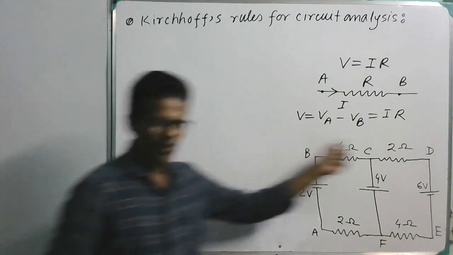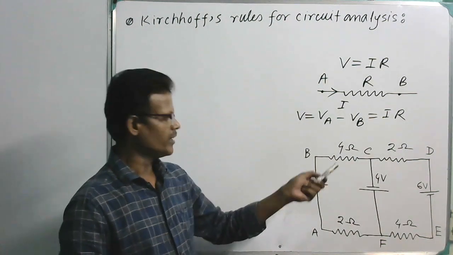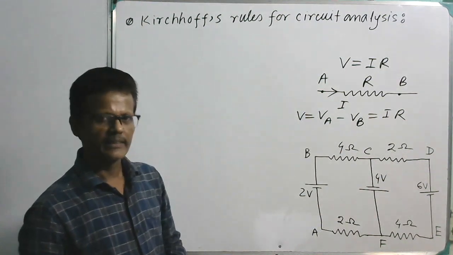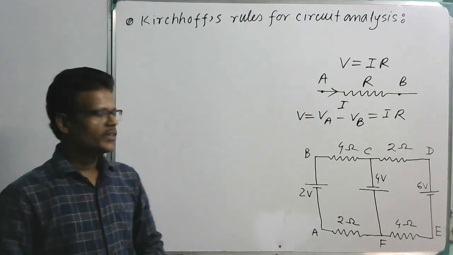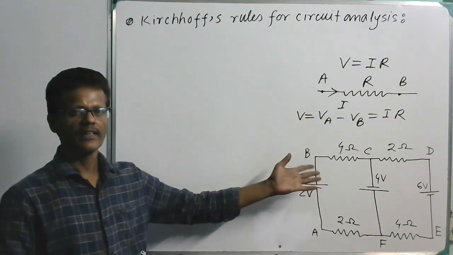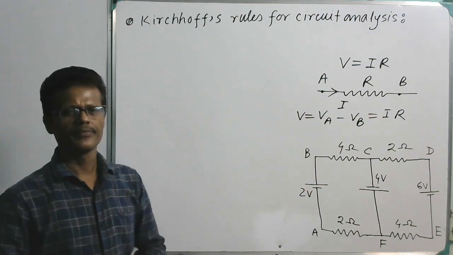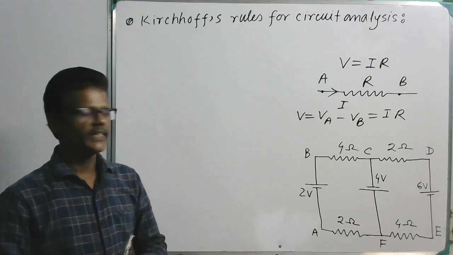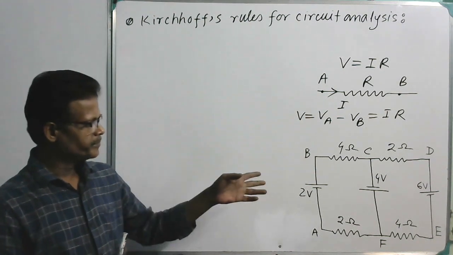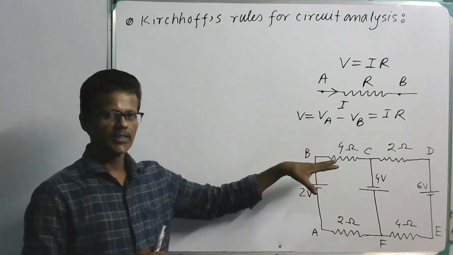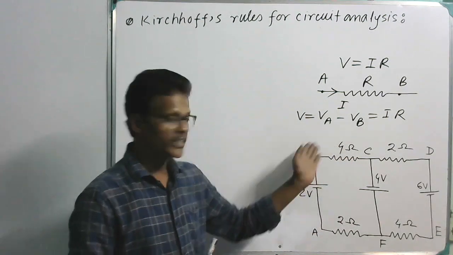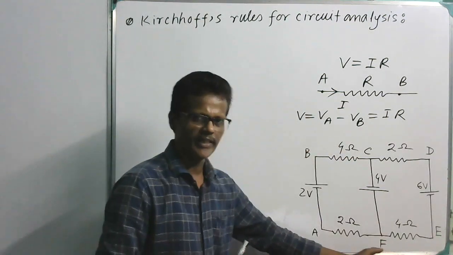But in case of this complicated circuit, where a number of cells and resistors are connected in a complicated way, determination of equivalent resistance and equivalent EMF is a very critical job, and application of Ohm's law only is not sufficient to find current in different branches or potential difference between any two points of the circuit.